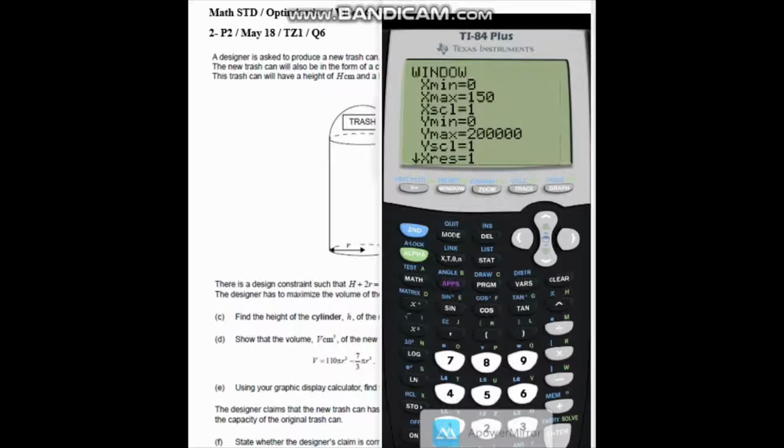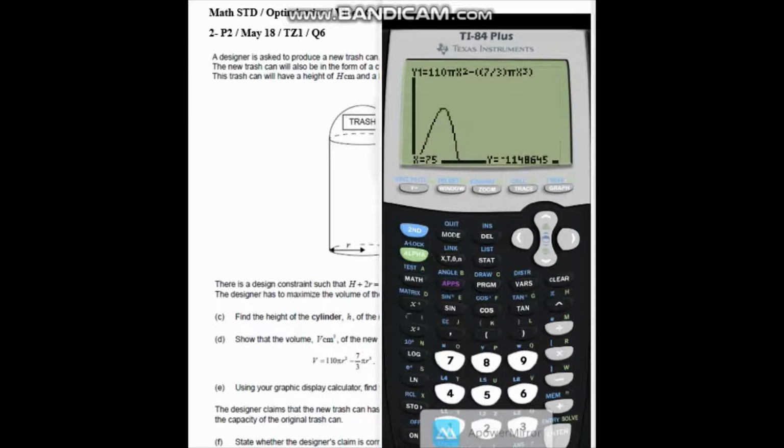And here is what my graph shall look like. I want the value of R that maximizes the volume, so I shall just find the maximum point. Second trace maximum. There is my left bound, there is my right bound, and there is my guess.